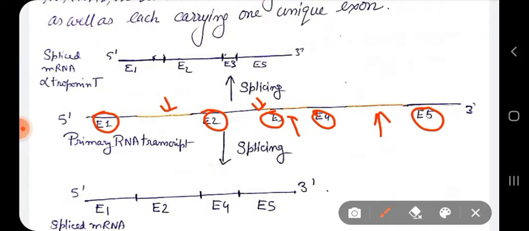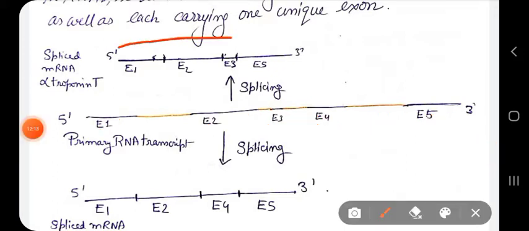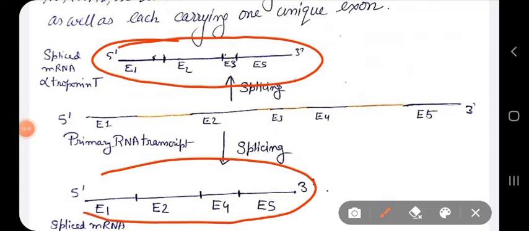Some are small, some large. Now, as I just said, this troponin T has five exons, and we can see here five exons, and the mRNA is spliced in alternative ways to create two different mature mRNAs.